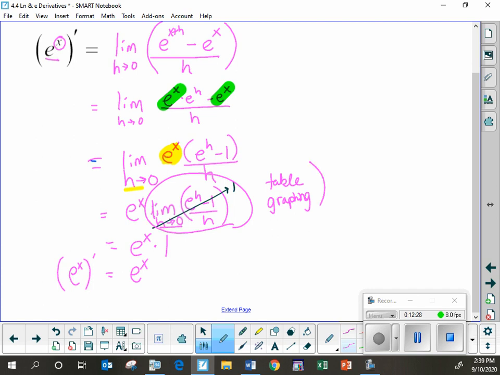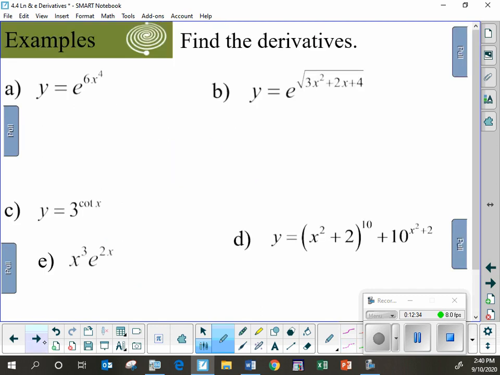Now those are not conclusive evidence that it is 1, but it is convincing enough. It's a little bit harder to show why that limit goes to 1. We need to look in a little more advanced calculus for that.